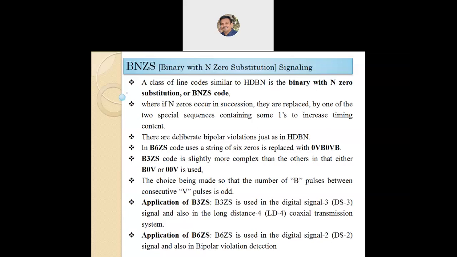The B3ZS code is slightly more complex than the others in that either B0V or 00V is used. That means we have two options. In B3ZS, we may replace a group of 3 zeros by B0V or 00V with conditions.